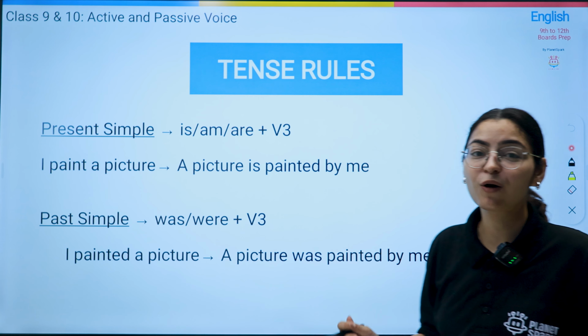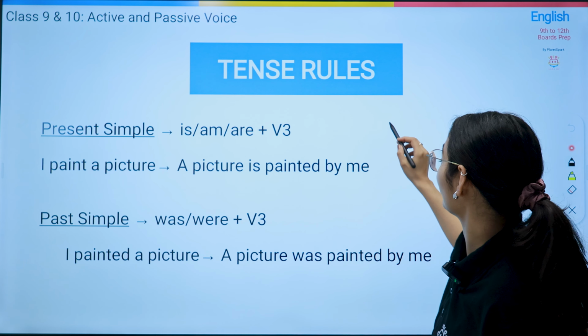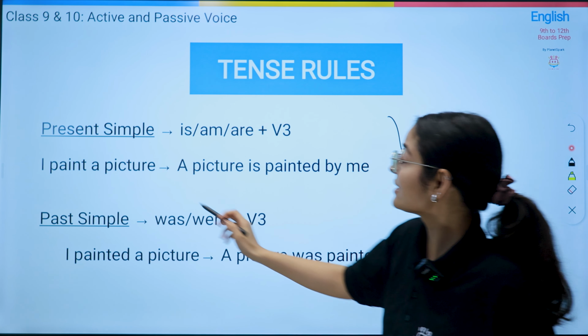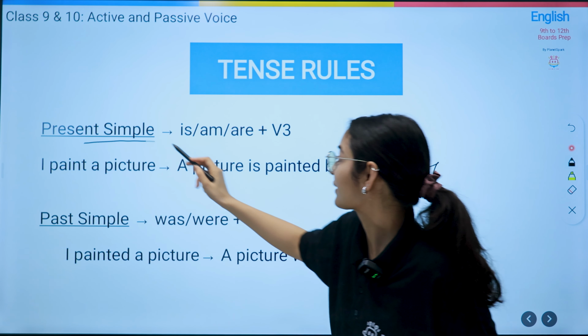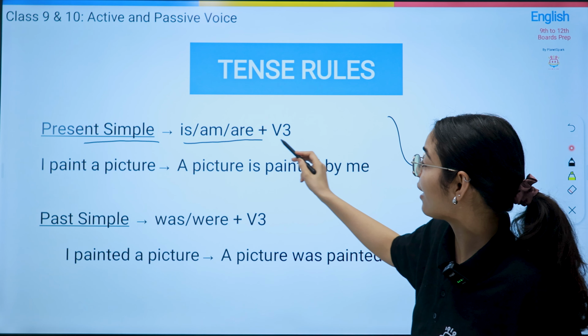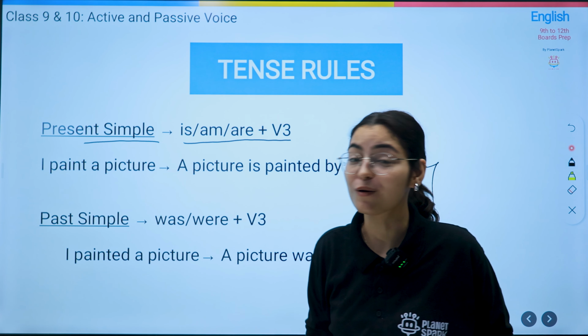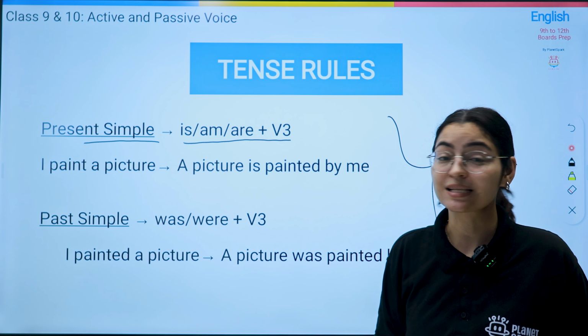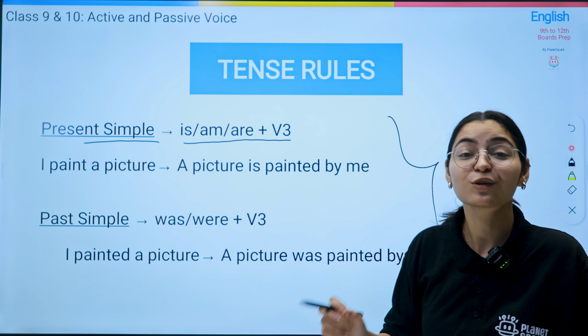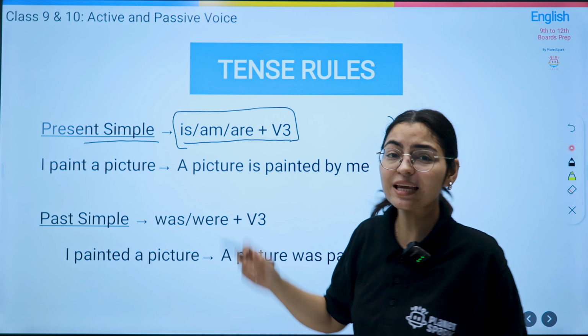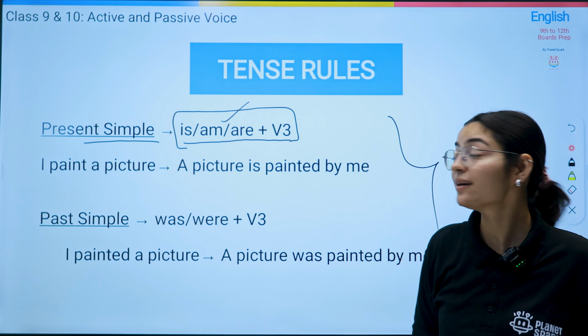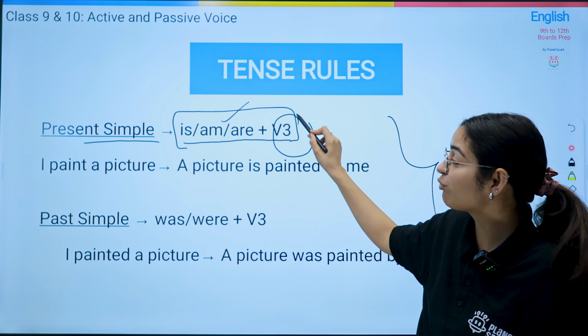Moving on, let's talk about a few tenses rule here. The first is present simple. Is, am, are plus the third form of verb. Whenever you're changing a sentence which is in the present tense, when you change it in the passive, this is the structure. You will use either of the helping verbs is, am, are plus the third form of verb.